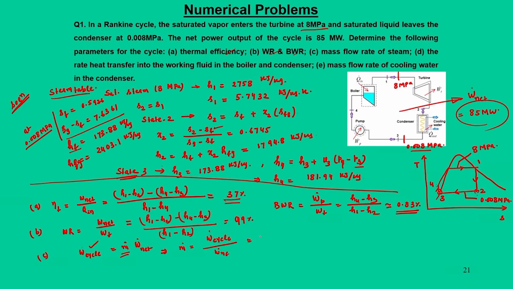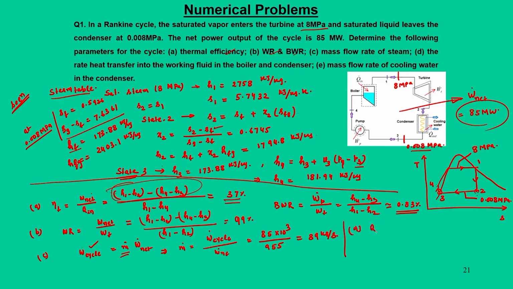We have all the information, cycle network we know, and we know the cycle work, which is 85 into 10 to the power 3 divided by network, which is 955. So, this number would be 89 kg per second, and rest of the things we can find out.